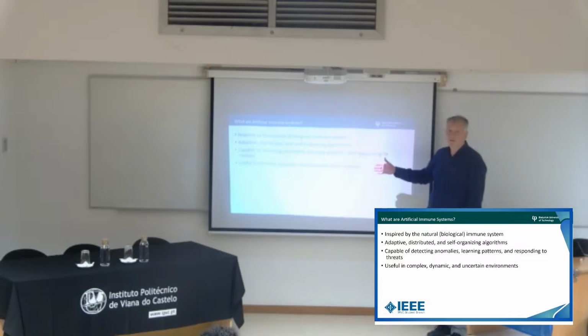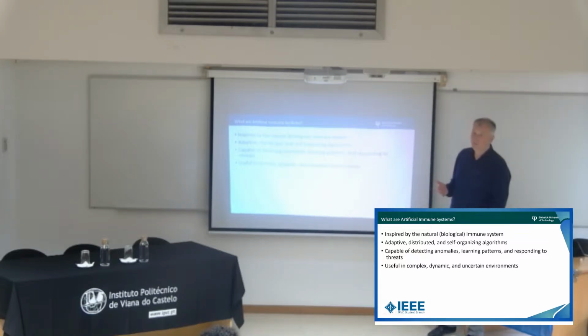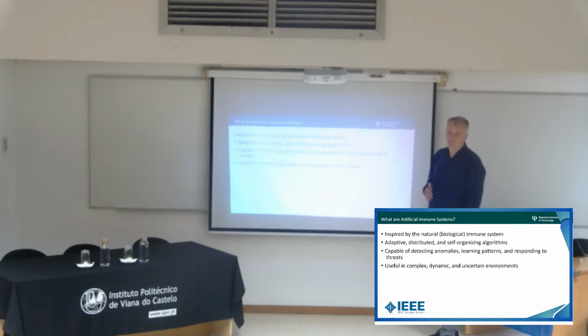They remember these patterns in the immune memory, and if the same pathogens are found in our body, we can use the information from immune memory to give a good response. And of course, this system is very complex and can be used in dynamic environments.